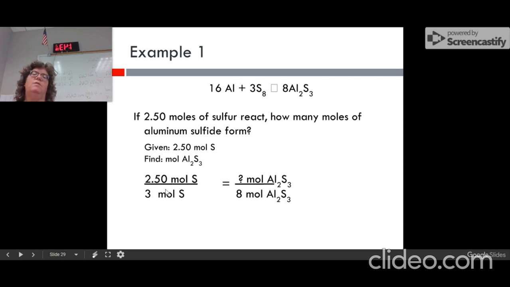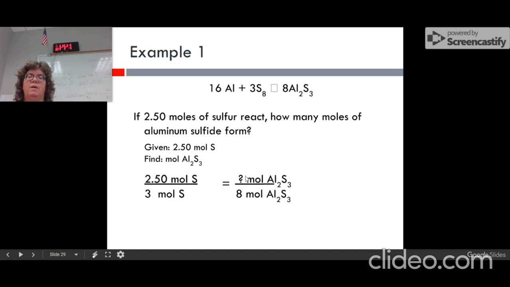This is what I'm given in the problem. And that is equal to, we don't know how many moles of aluminum sulfide, over 8 moles of aluminum sulfide. This 8 came directly from the recipe. So the 3 and the 8 are the ratio in my recipe. The 2.5 and the question mark are the ratio from my problem, what I know and what I'm trying to find out.